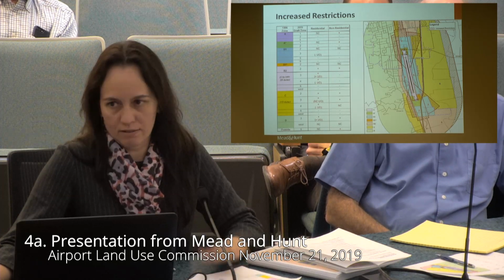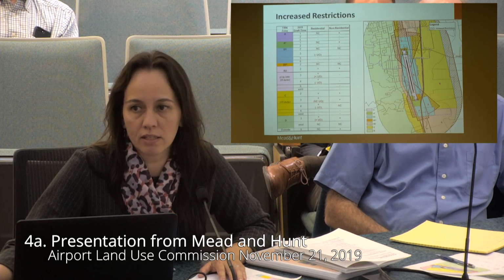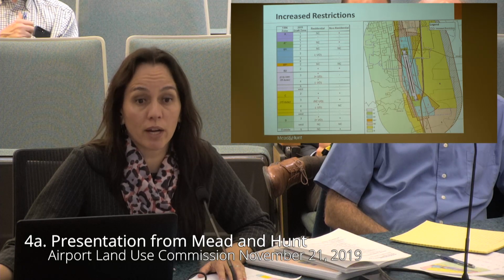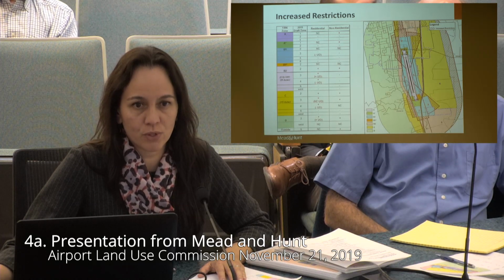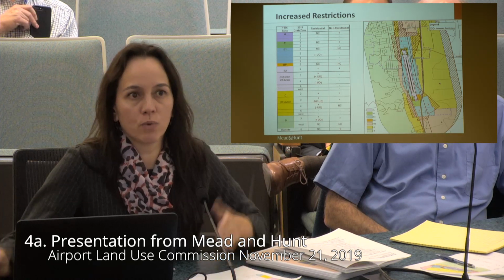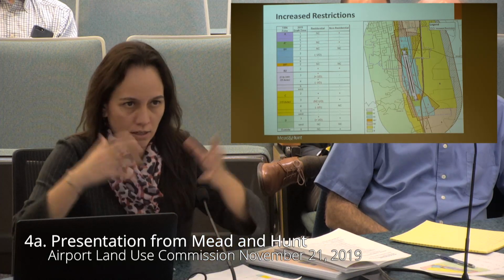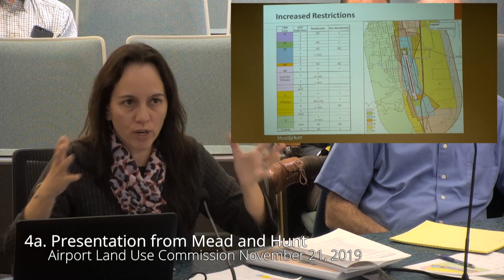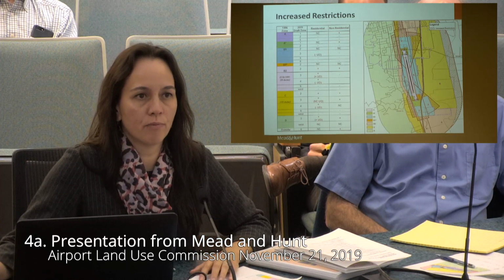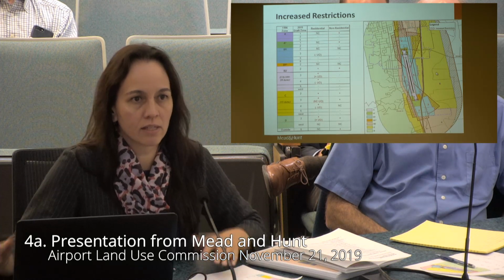Let me say at this point in time that the discussions we've been having in the technical advisory group meeting is that the most critical areas are off the ends of the runway. So zones 1 and 2 are the areas where we would typically want to see greater restrictions, and the areas moving away from the extended runway center line, so lateral of the runway, beyond Zone 2, we're looking at zones 3 and 4 and 6.